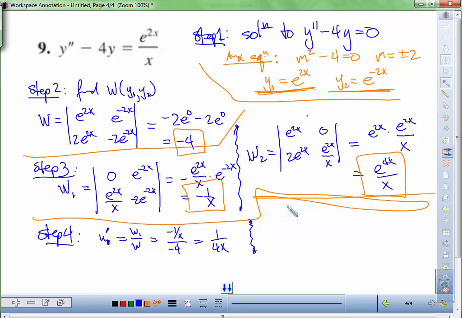So our u2 prime is going to be W2 divided by W, which is e to the 4x over x divided by negative 4. So this is going to give us negative e to the 4x over 4x.